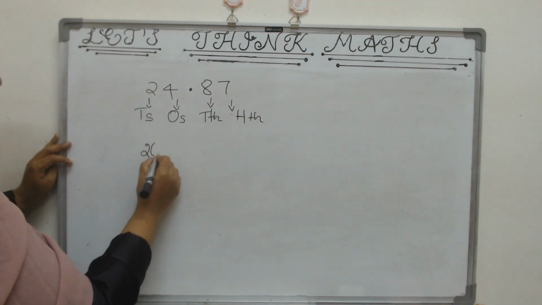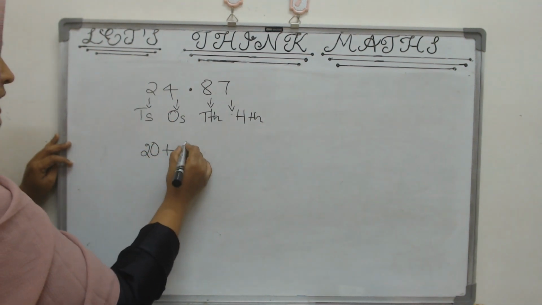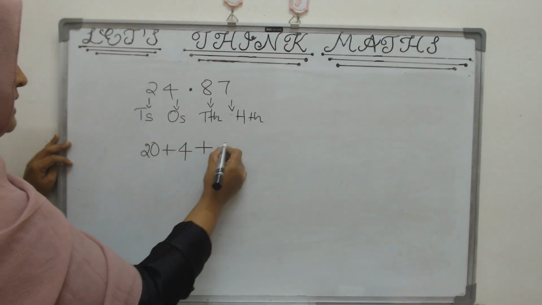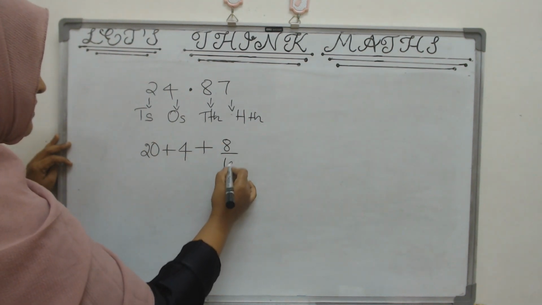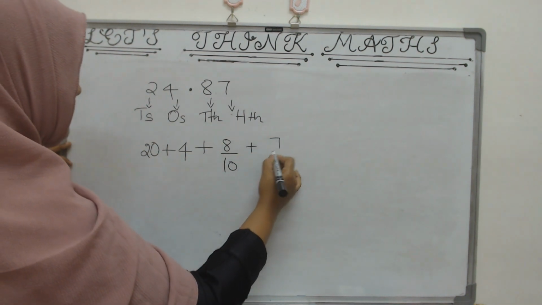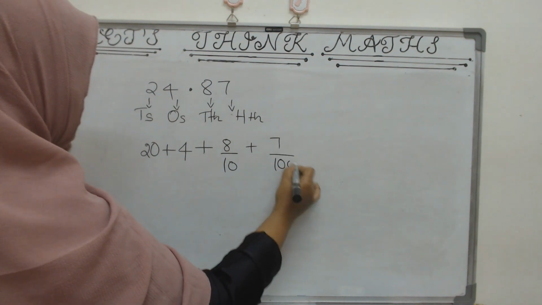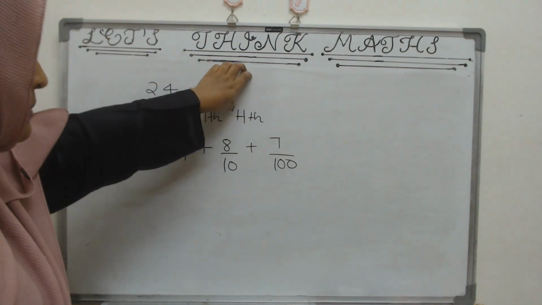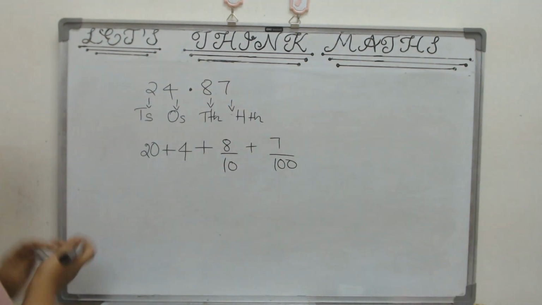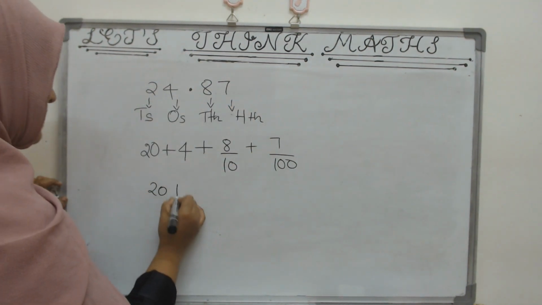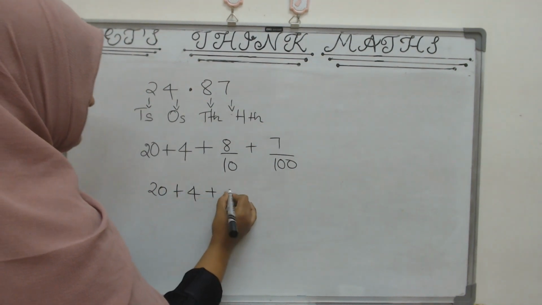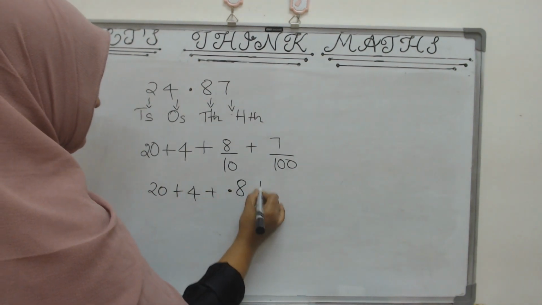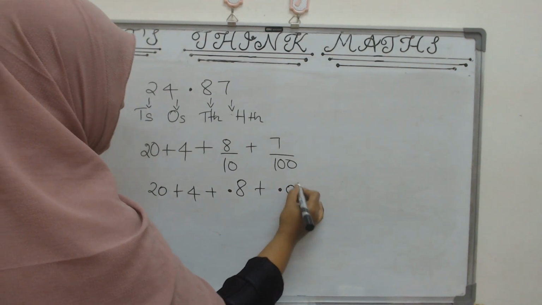This is 2 into 10. 20 plus 4 plus 8 by 10 plus 7 by 100. So whatever comes in this position divided by 10, whatever comes after that divided by 100. Or in other words, this is 20 plus 4 plus 0.8 plus 0.07.